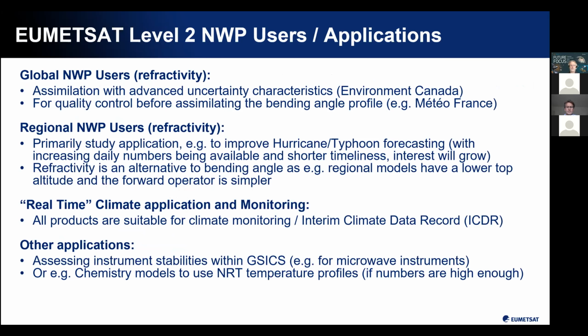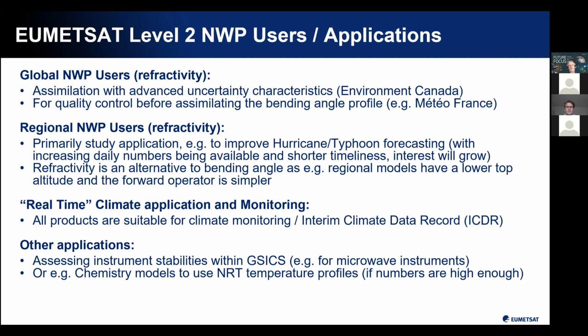There's Environment Canada, who actually use advanced uncertainty characteristics and assimilate refractivity data, and have found that to be better than the bending angle assimilation, primarily because they use this advanced uncertainty measure when they assimilate the data.